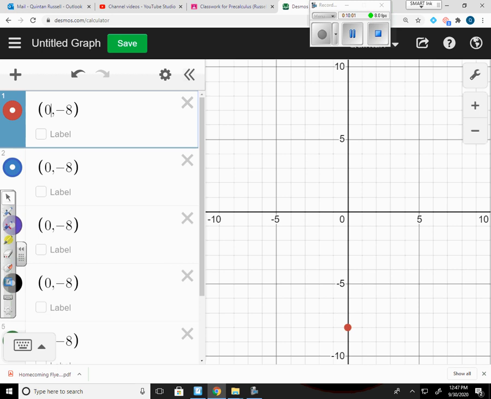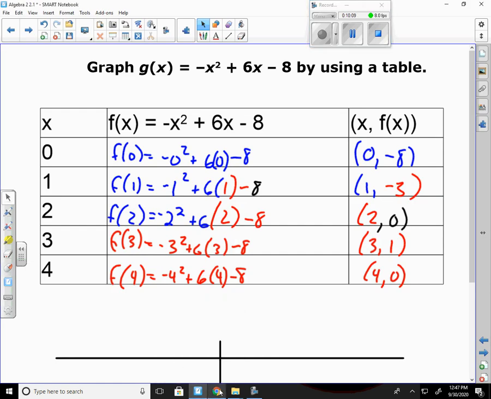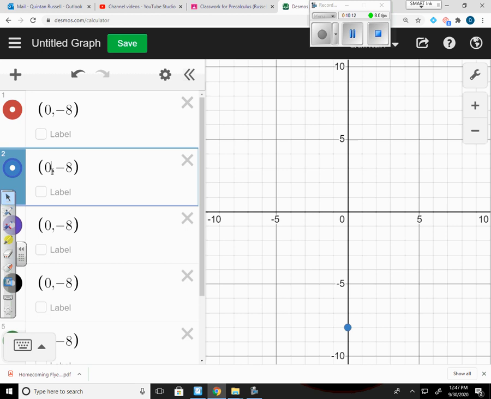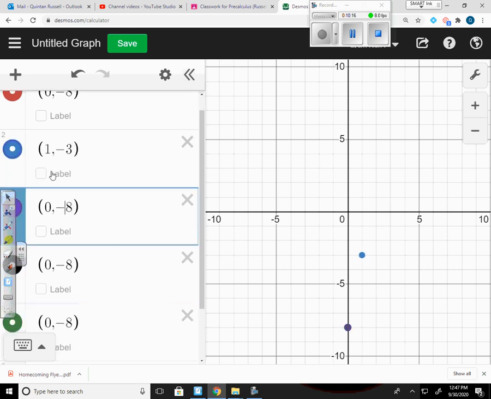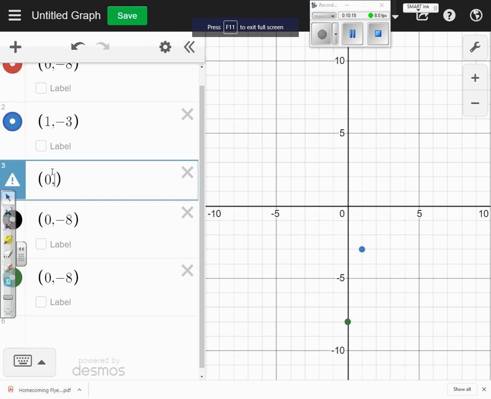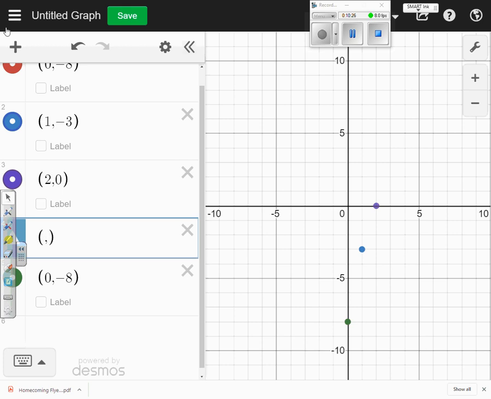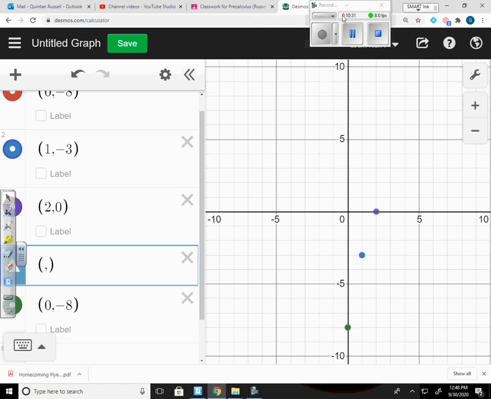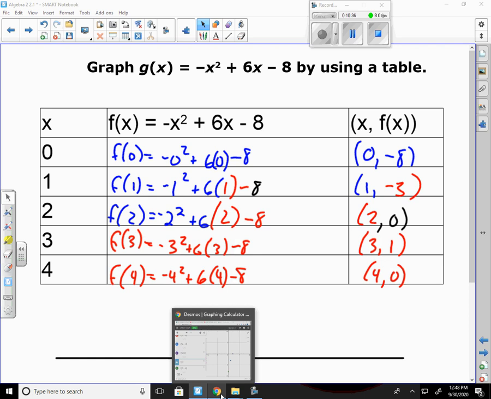I can just go in and change each number: 0, -8, then 1, -3, 2, 0, 3, 1, 4, 0.